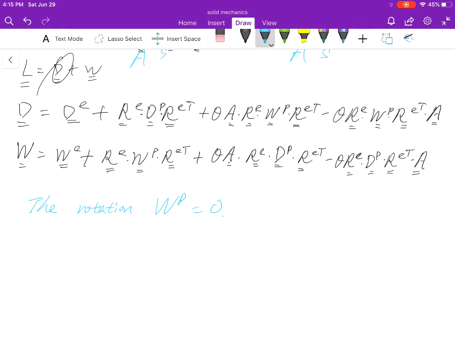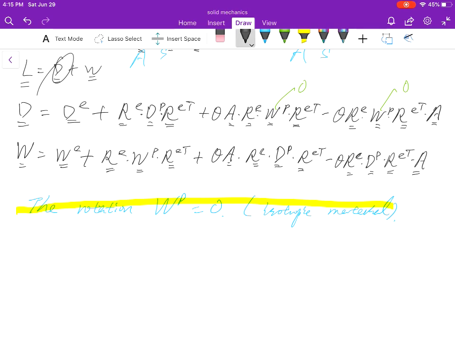And this can be satisfied if we are dealing with an isotropic material. So with this, we get this W is 0, this W is 0.